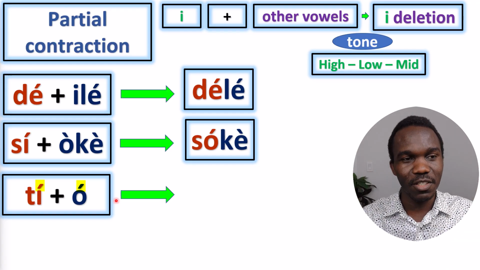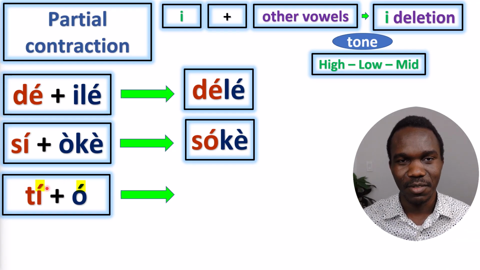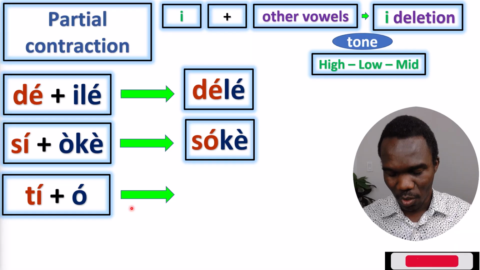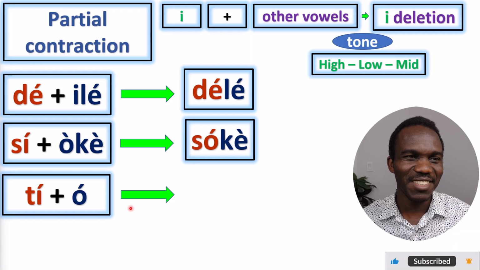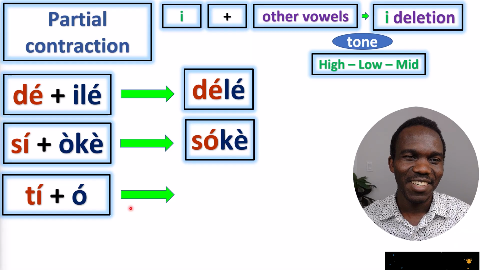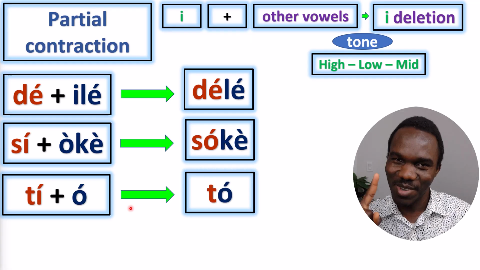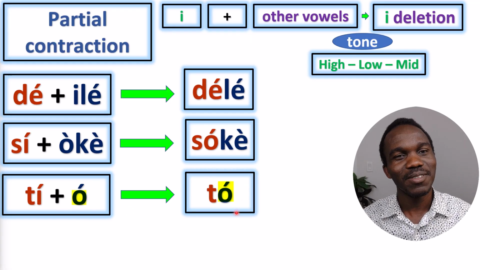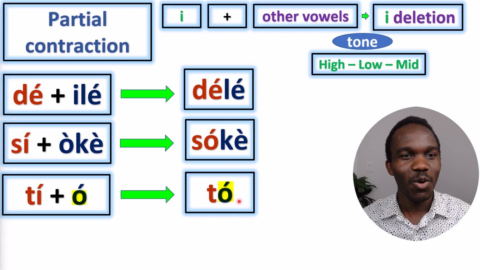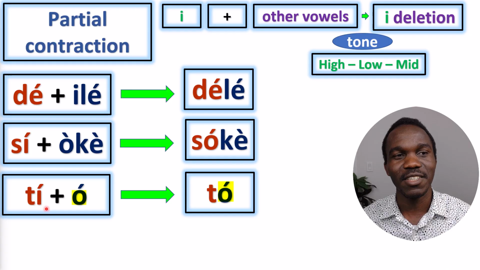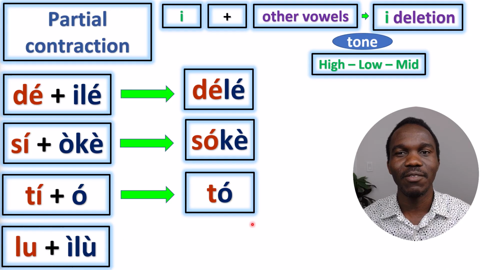So we just stick to one of them, right? Can you try to sound it? If you say to, then you get it. T-O becomes to. O wins because E gets deleted. E is weak.